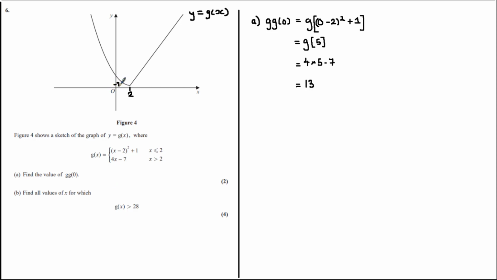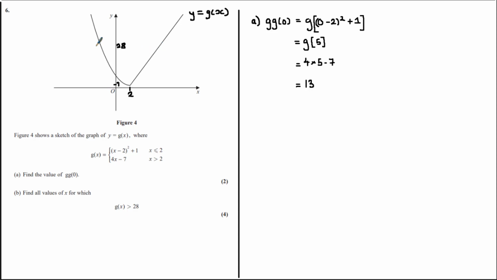The reason why I've done this is because I just want to get a feel for where the value 28 is on this graph. Okay, so since this is 1, we can assume that 28 is somewhere quite well above 1. As I mentioned before, we're trying to figure out the region or the x values that give me y values which are greater than 28.